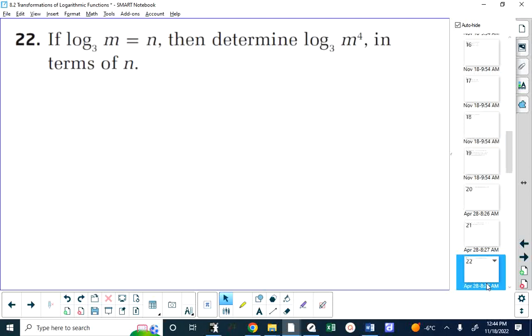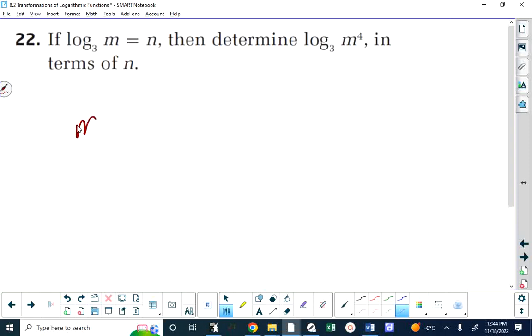So if I rearrange this, and I'm not sure why I'm doing this, I'm just saying when I see log base 3 of m equals n, I want to explore what that's telling me in something that's meaningful to me. That's telling me that 3 raised to the n is equal to m, when I write that in exponential form.